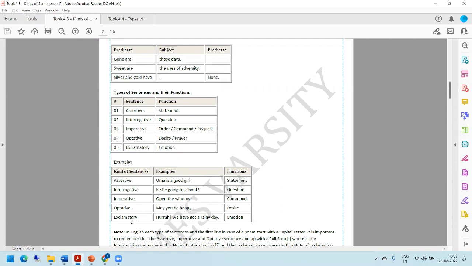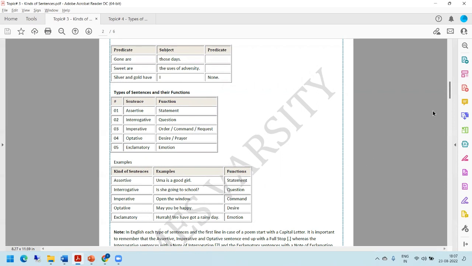Okay. Then the exclamatory, where emotions are expressed, right? So if somebody is happy, let's say if India wins a cricket match, we are excited, right? So we say, hooray, we have won the match, right?